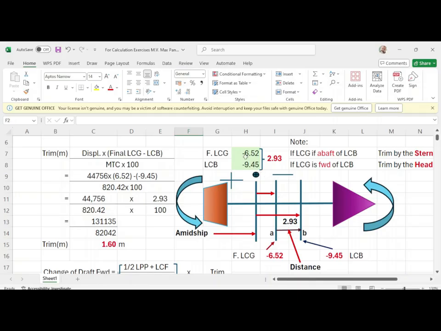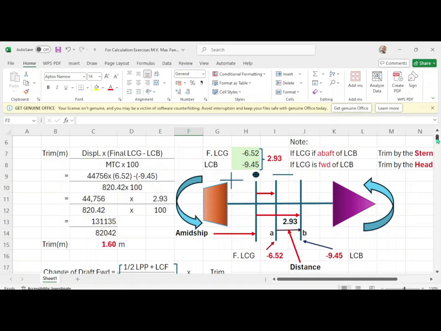Subtract 9.45 minus 6.52, which is 2.93. You don't have to put the negative sign because they are both in the forward part of the vessel. So just subtract the distance from A to B, or from LCG to LCB, and your distance will be 2.93. Okay?